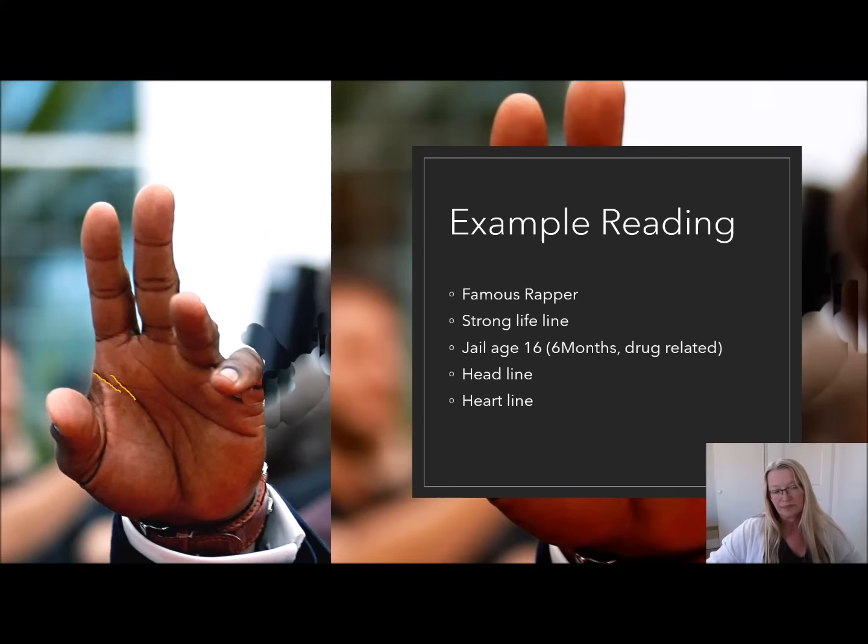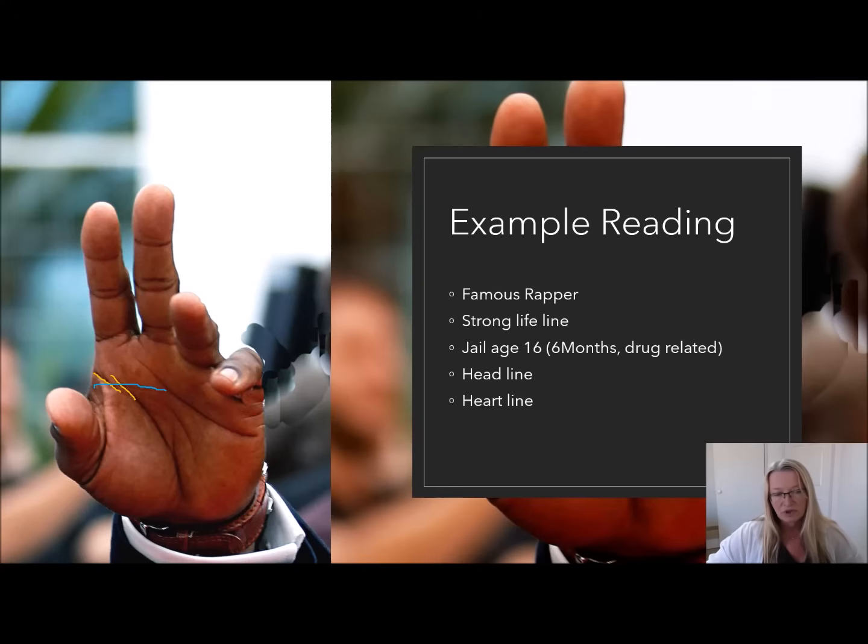So that person went through a huge transformation. I'd say the time in jail affected them. And the way I know that is this line that comes from the inside of the lifeline, crosses over the broken section of the lifeline, and reaches to the heart line.